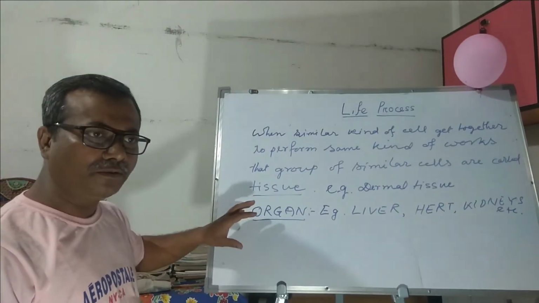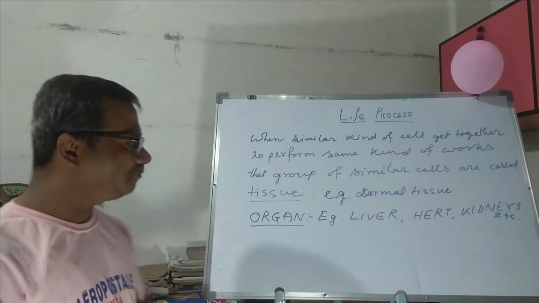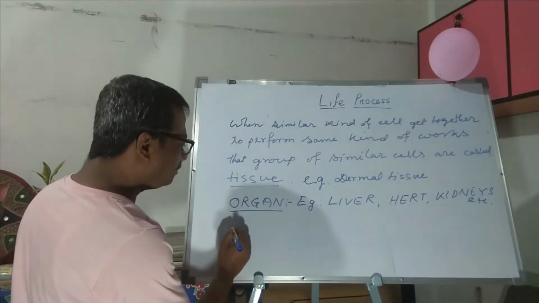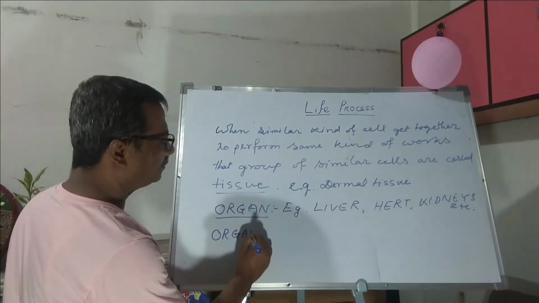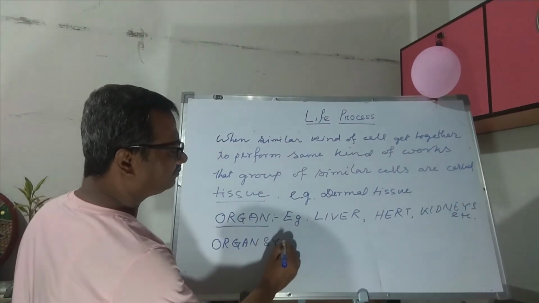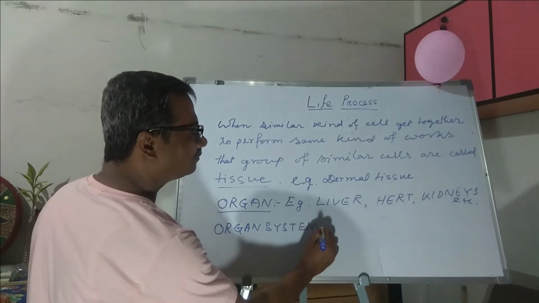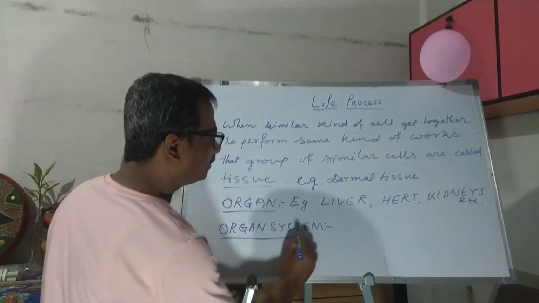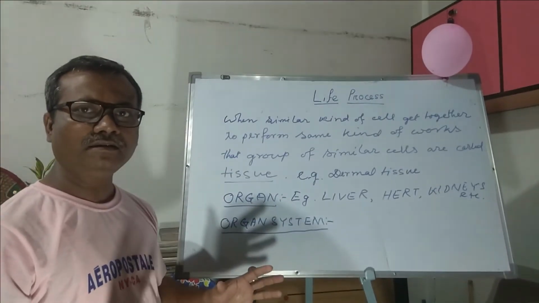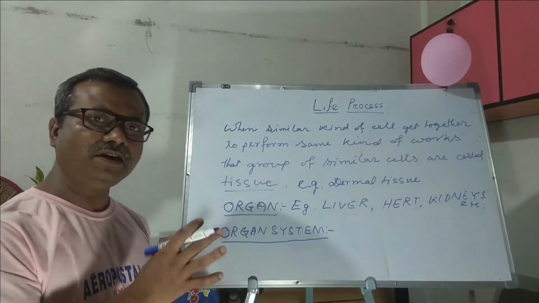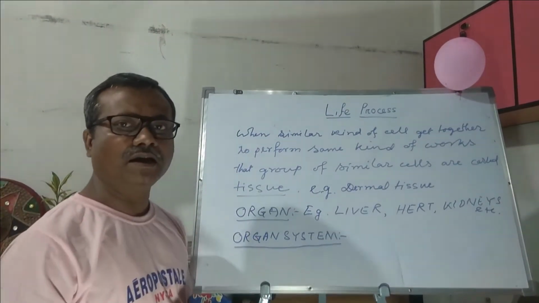When a group of organs get together to perform a single kind of work, they are called an organ system. The system constitutes different organs and they are coordinated orderly to perform similar kinds of work.